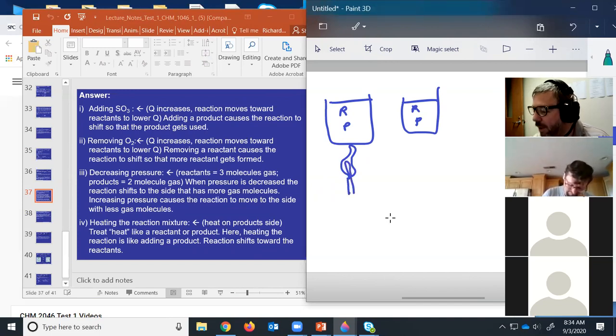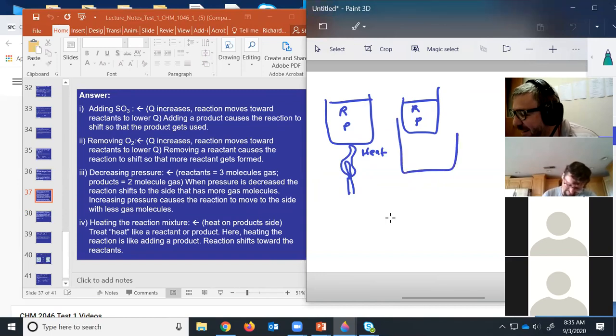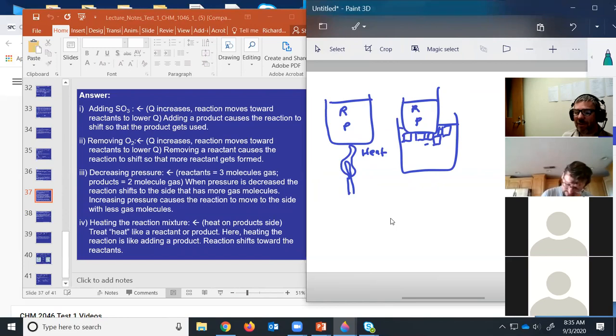Anybody know what that's supposed to be, what I'm drawing? Fire. It's fire. Yes, thank you. We're heating it. What do you think I'm trying to do there on the other one?